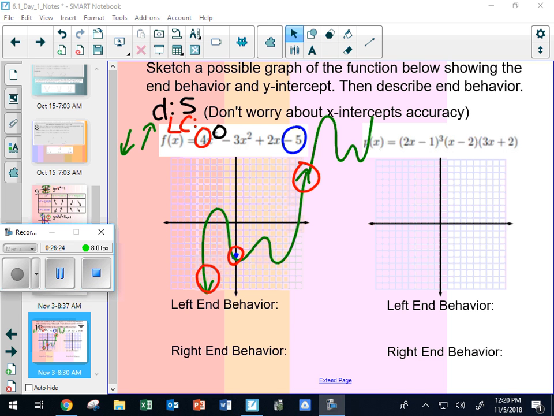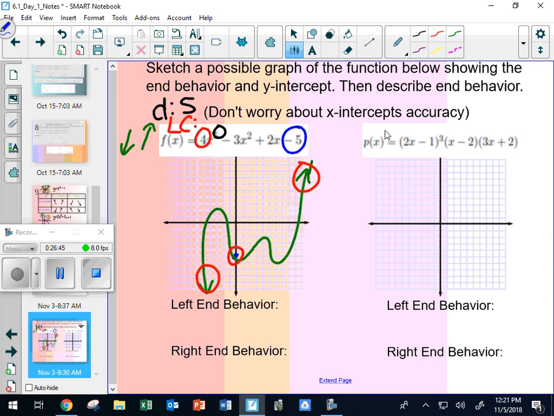Someone from row 1, tell me one important piece of information we need from this equation. The what? 5. 5 is equal to what?